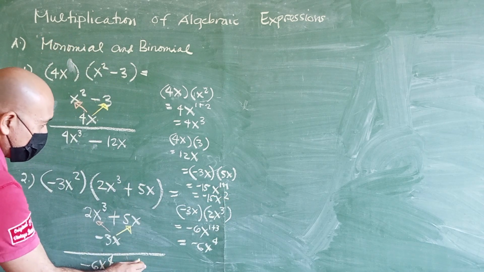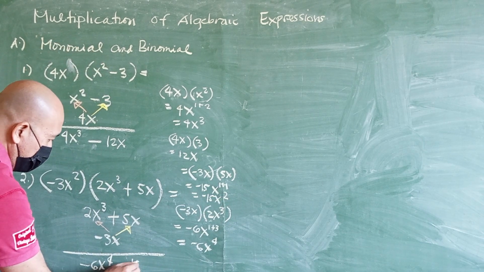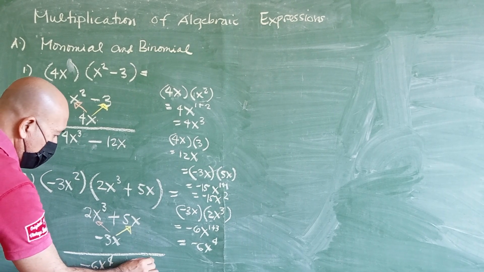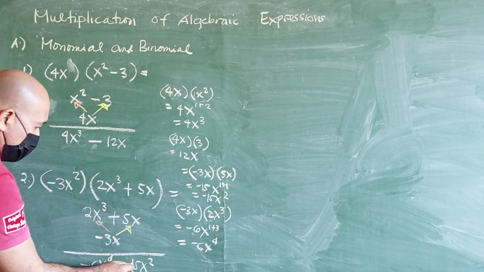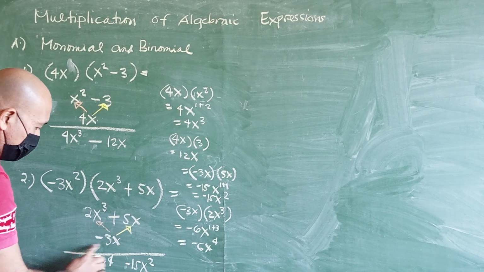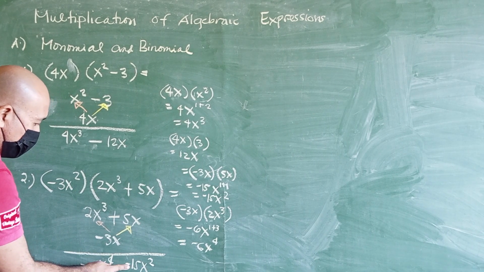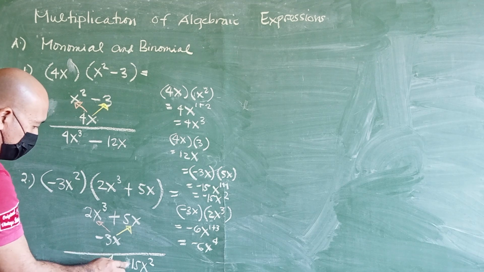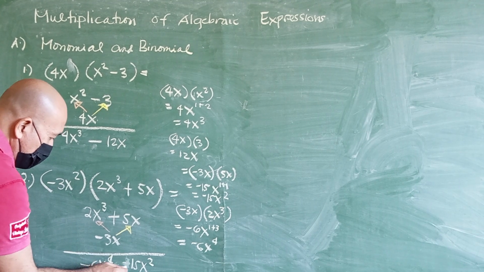So therefore, this is 15x raised to the power of positive 2 and negative. Since there is a term here before negative 15x, you consider the negative as a minus symbol.